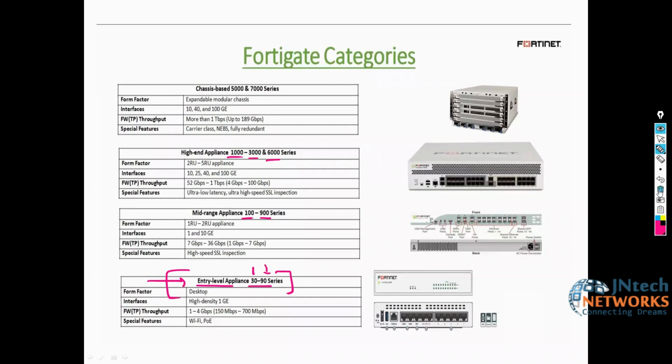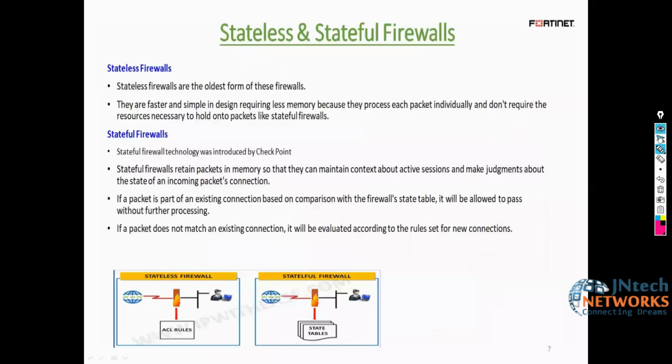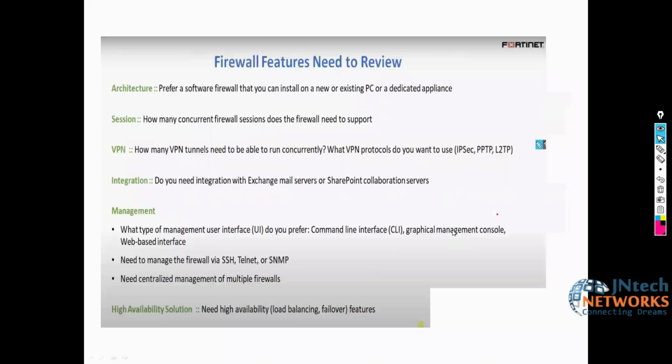So the number of sessions is important, okay? If you are working with a big organization, you need to go with a high-end or mid-range model. How many concurrent firewall sessions does the firewall need to support? For this, you can check the data sheet.